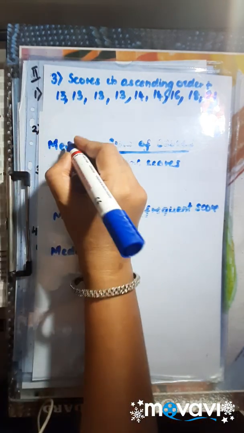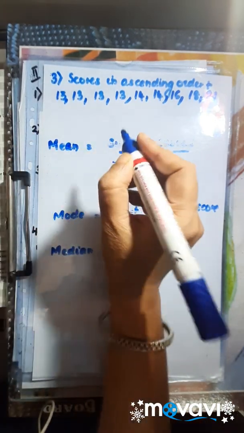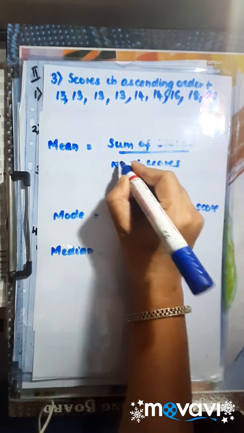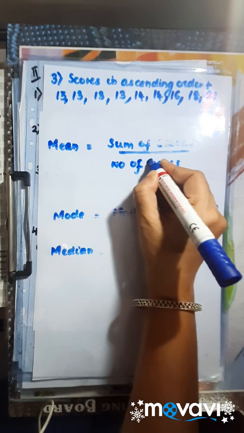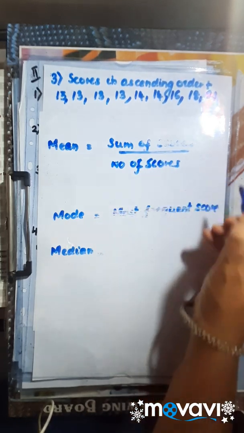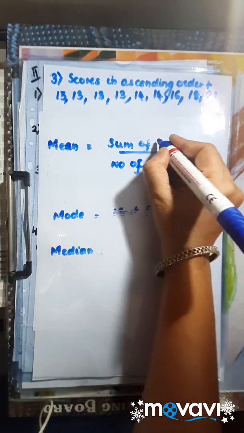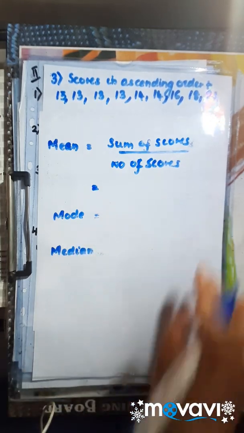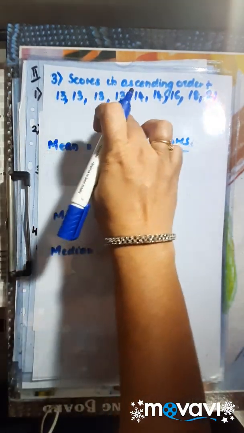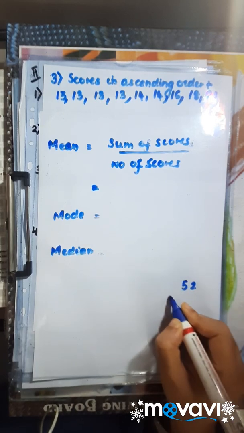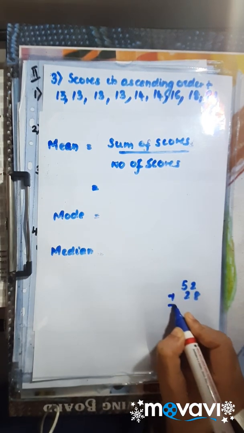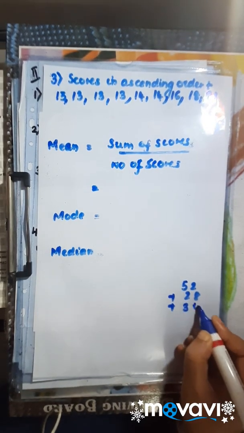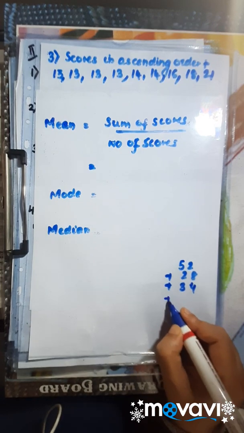So what is my mean? My mean is sum of scores upon number of scores. Is that clear? Now let's add these scores. 13, 4 times, that is 52, plus 28 plus 16 plus 18 is 34, and 21.